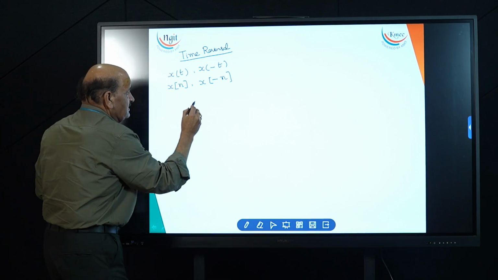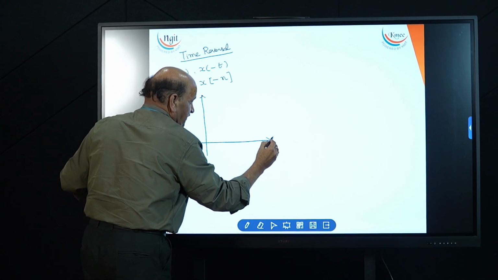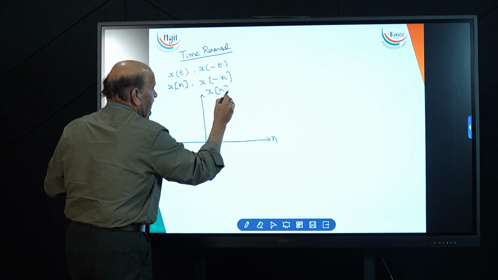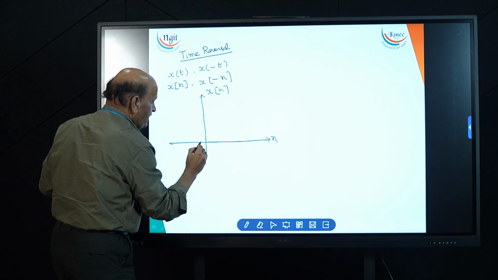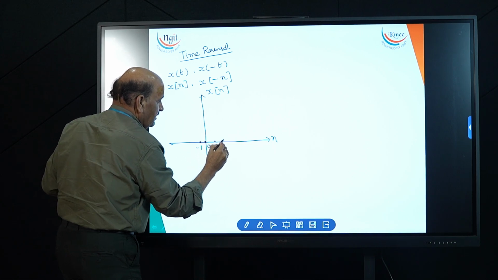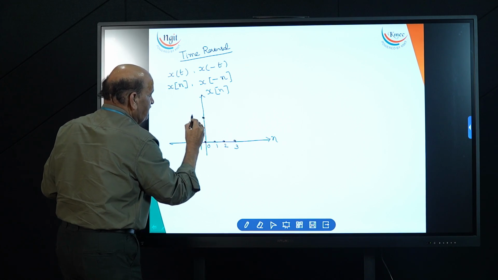For example, let us consider a sketch of a discrete time signal x of n like this. For example, this is minus 1, 0, 1, 2, 3. Amplitude is also 3.